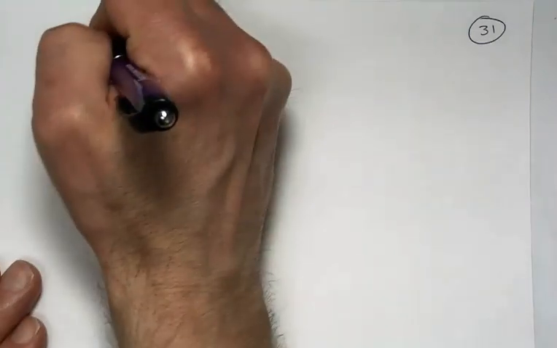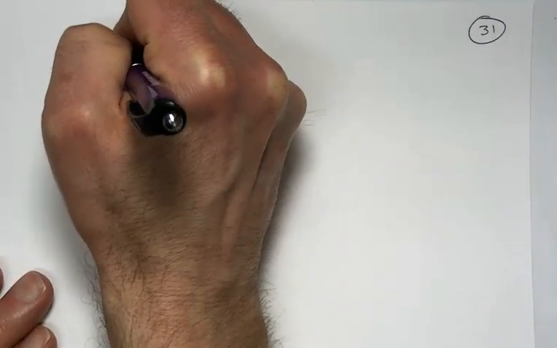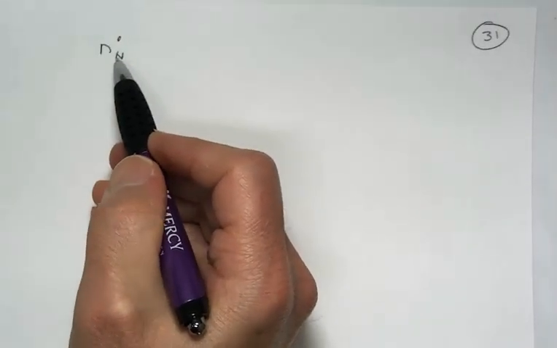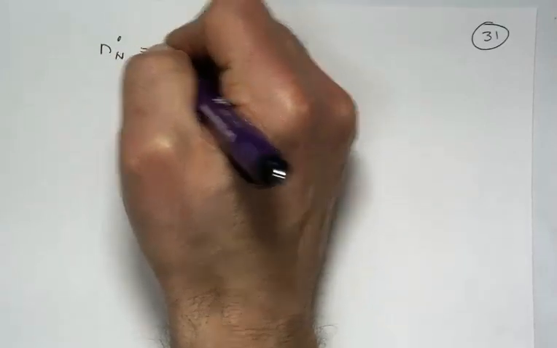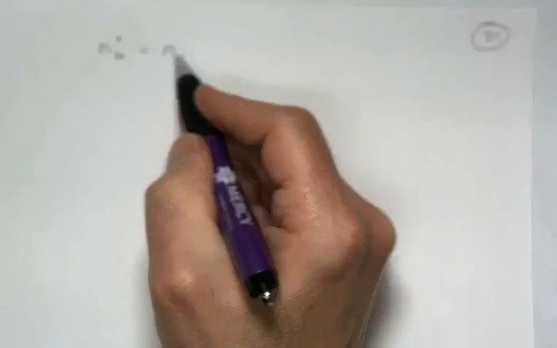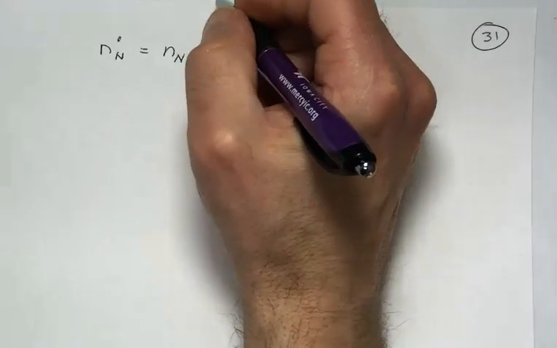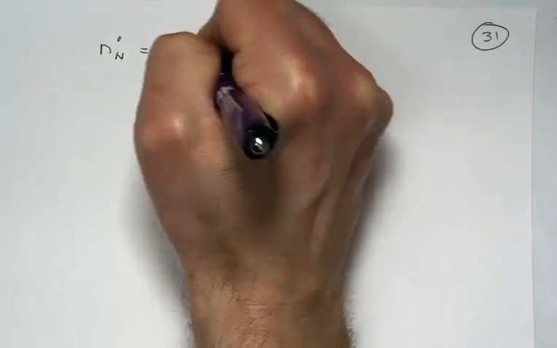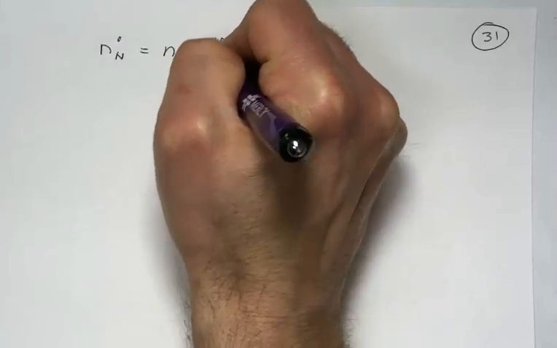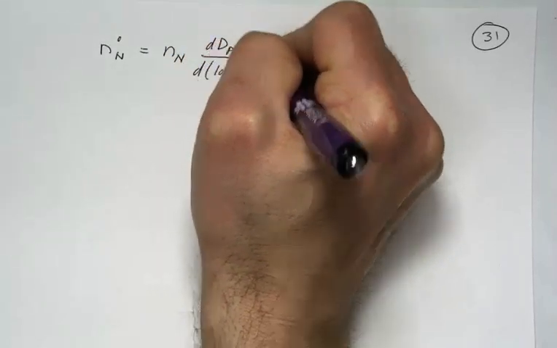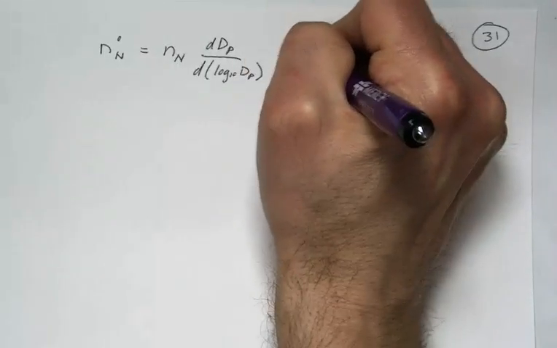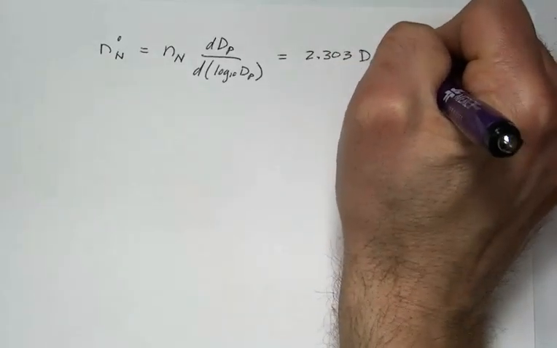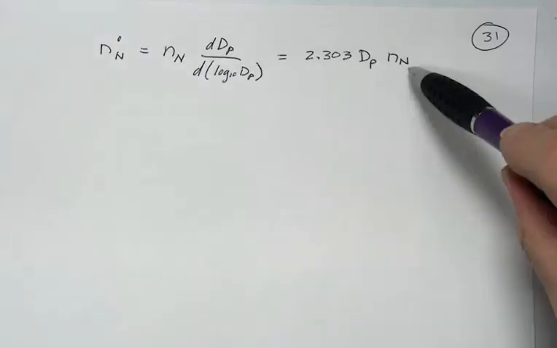Okay. Showing that the base 10 log normalized distribution function can be calculated from the linear normalized distribution function times that ratio, and that is equal to 2.303 times particle diameter times the linear normalized distribution function.